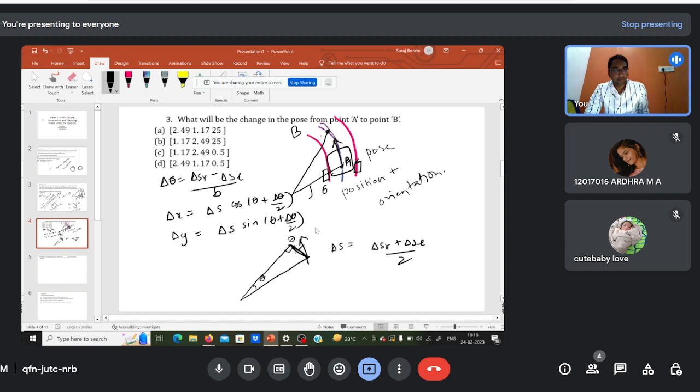So this is 90, this will be 90 minus theta. And this is also 90. Tangent is always perpendicular to the normal or the radius. So this will also be theta. So what we are seeing here is, if this is the orientation theta of the robot, and the orientation changes by delta theta, then the turning is also by delta theta, because the tangent to this curve also turns by delta theta. Is everyone getting this?